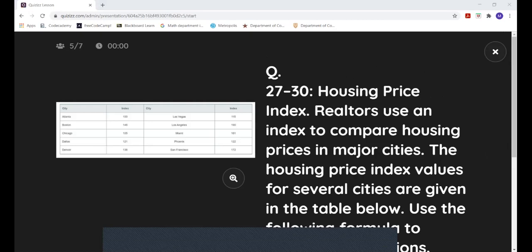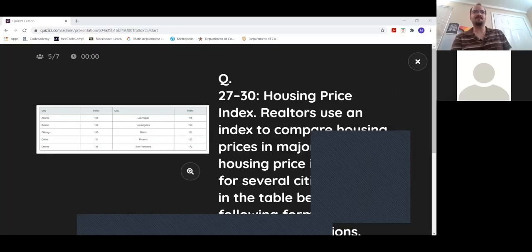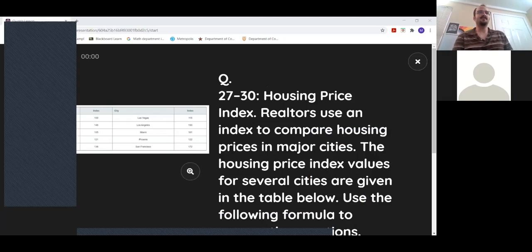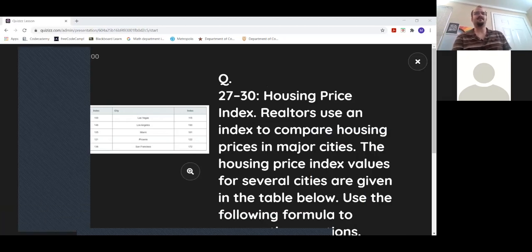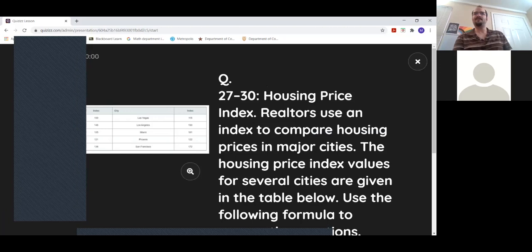Am I sharing this? Yeah, it says share. Never mind. I was trying to figure out where that screen went. Oh, there it is. Apparently it's an option in there. We're at 5. One more person, come on. I think Eric is having problems. I don't even think he's in class anymore.